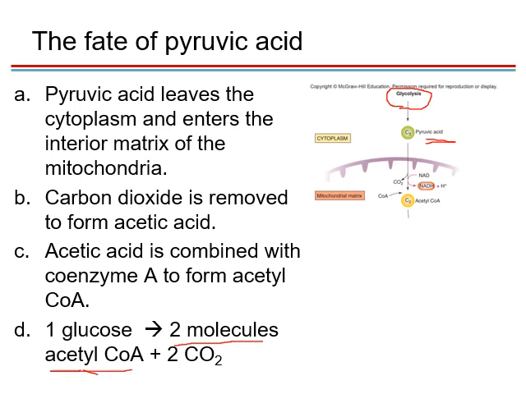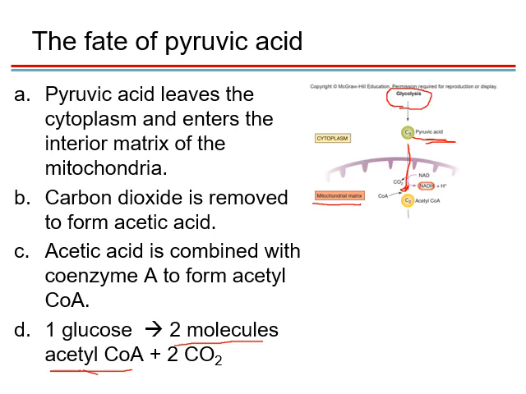So remember this going forward when we start doing accounting: for each glucose molecule, we're going to do 2 rounds of the citric acid cycle. So you can see pyruvic acid, its fate is that it moves into the mitochondrial matrix, it gets shipped in.